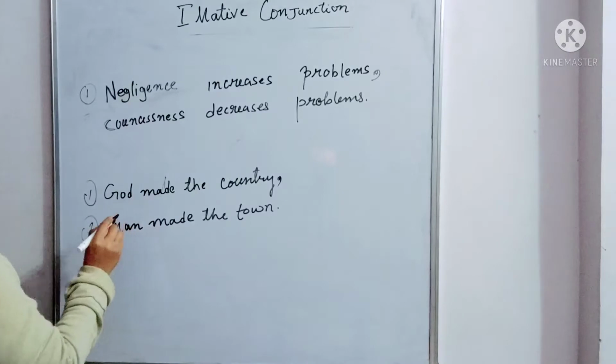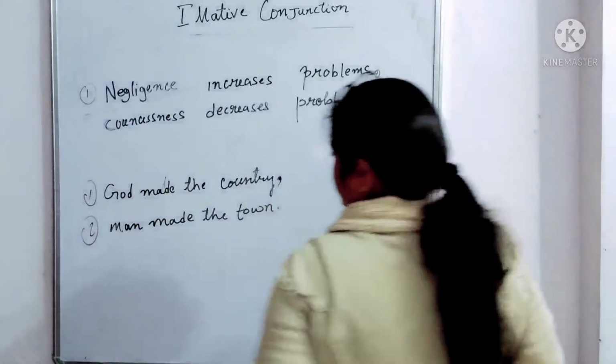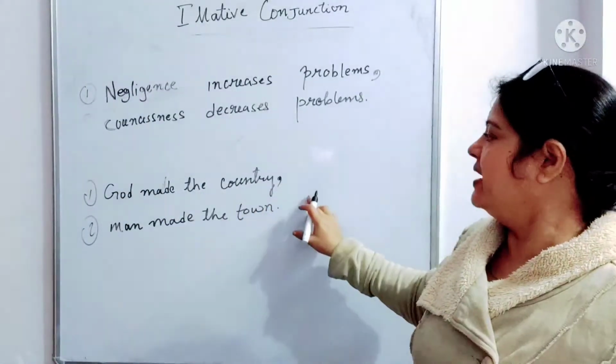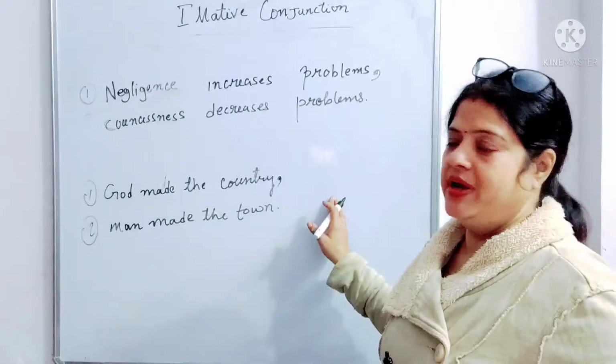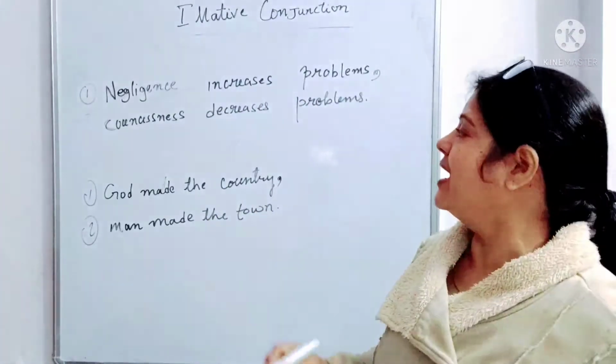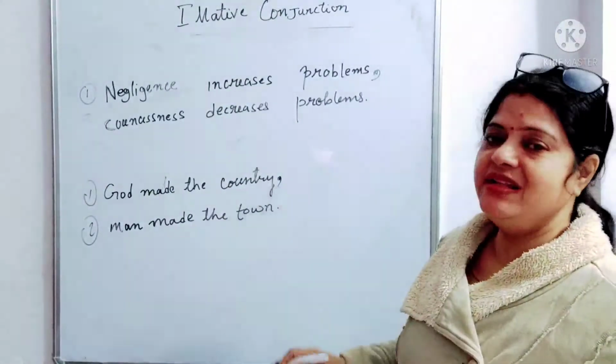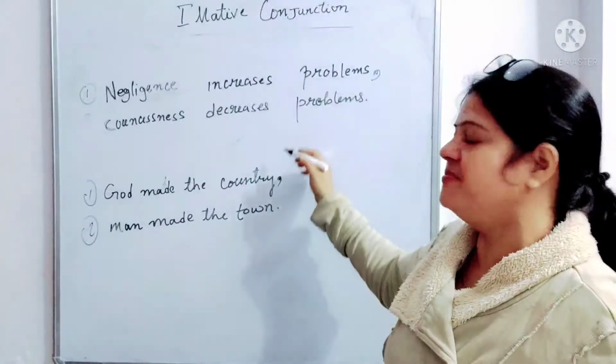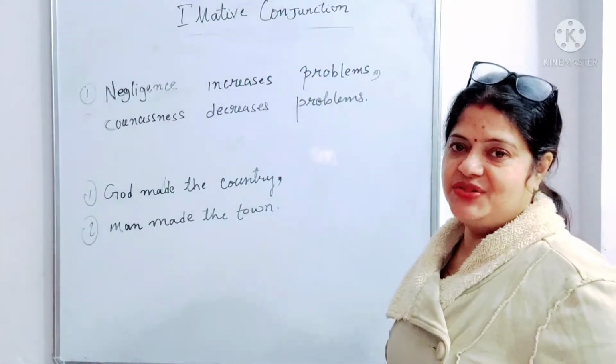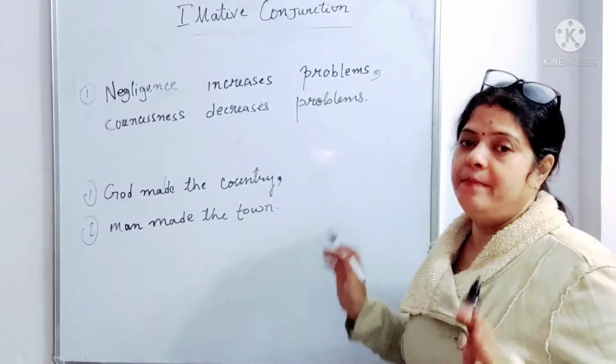Okay. Now these two sentences are connected. God made the country, man made the town, and without using any kind of conjunction, we have added these two sentences and it has become a compound sentence.